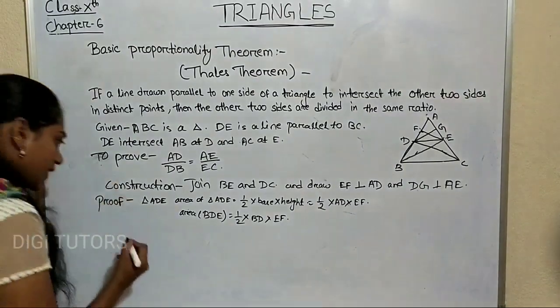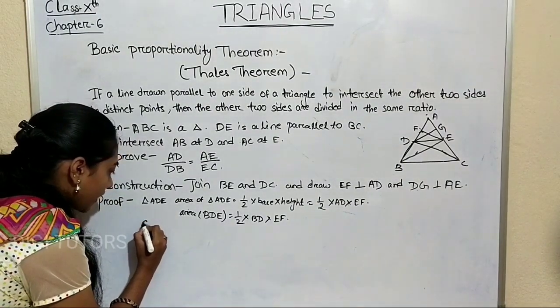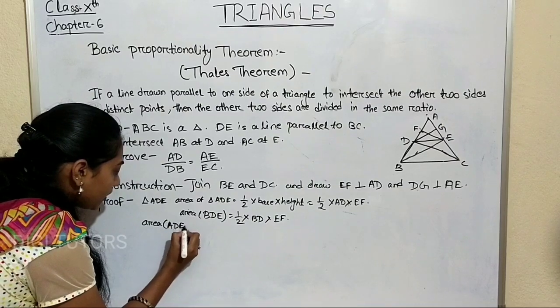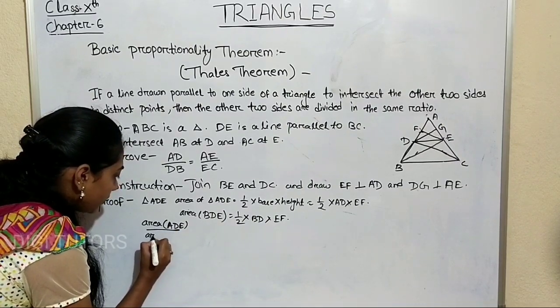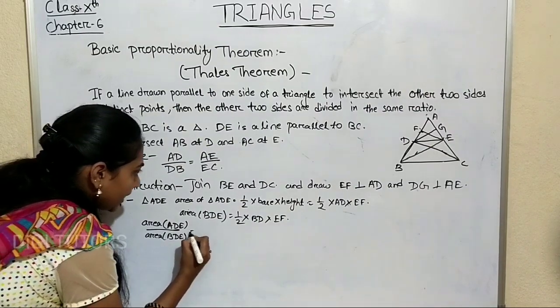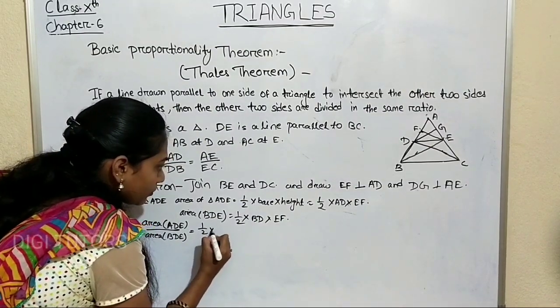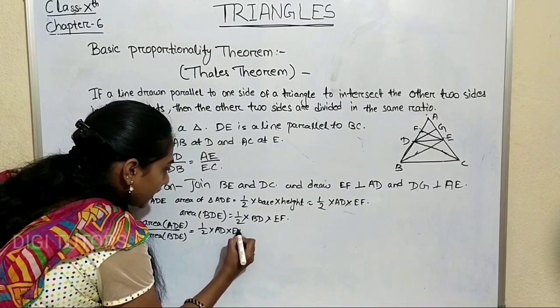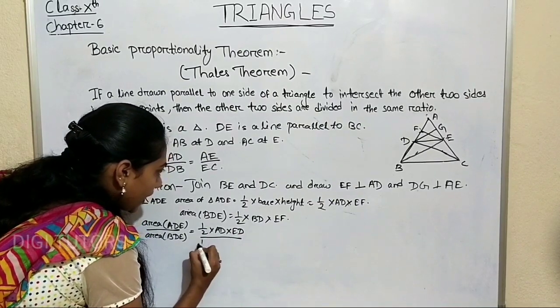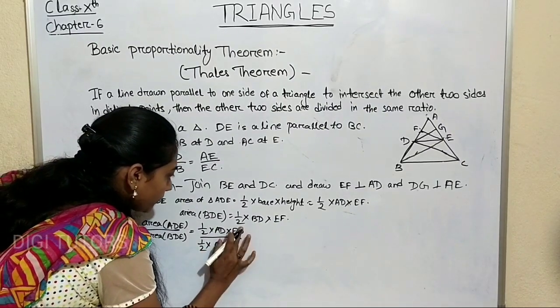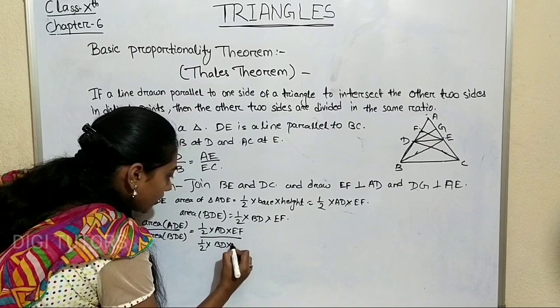So if we take area of ADE by area of BDE, we get half into AD into EF by half into BD into EF.